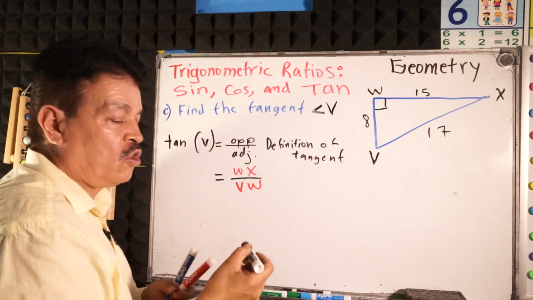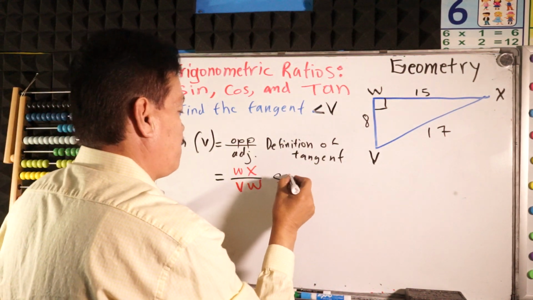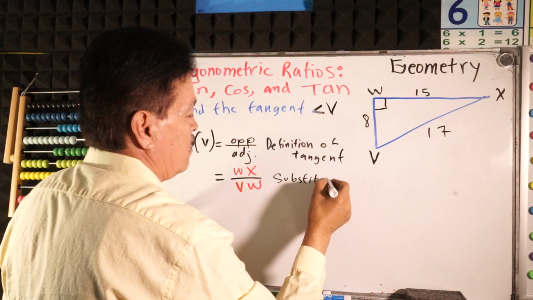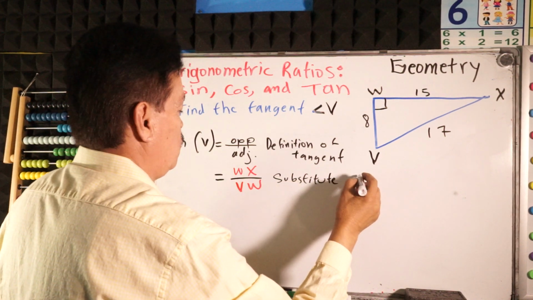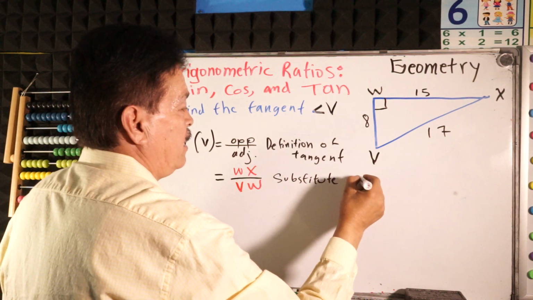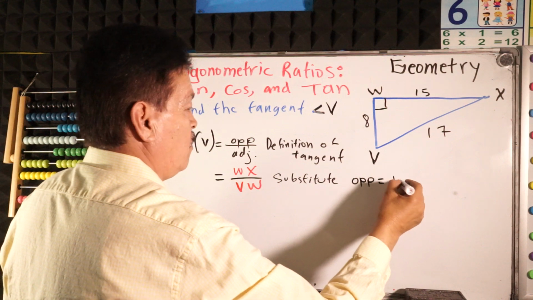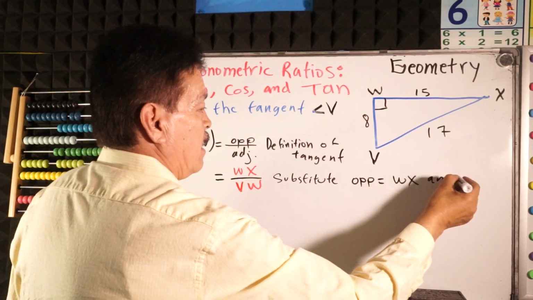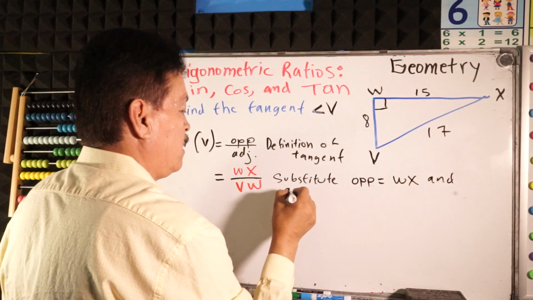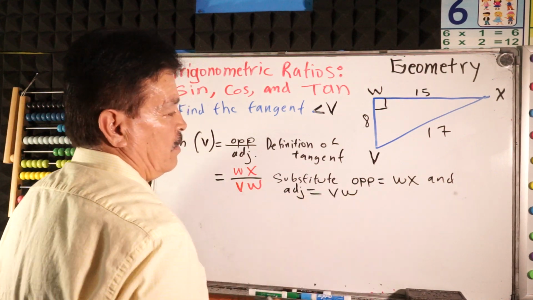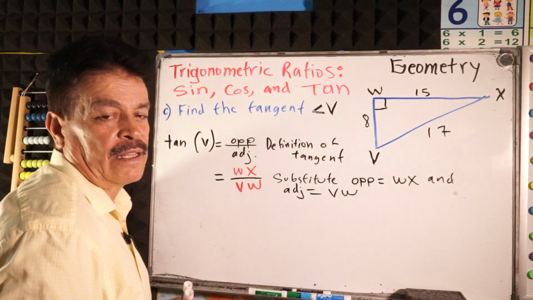This is the step called substitute: opposite equals WX, and adjacent equals BW. All right, this is the step.